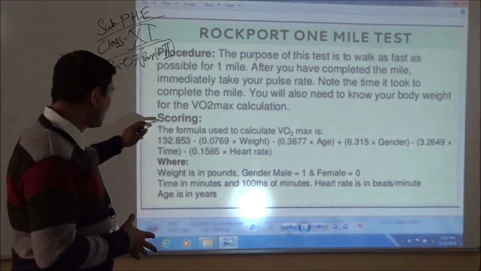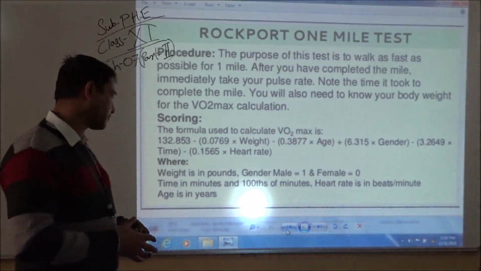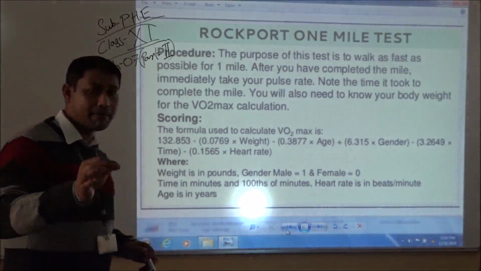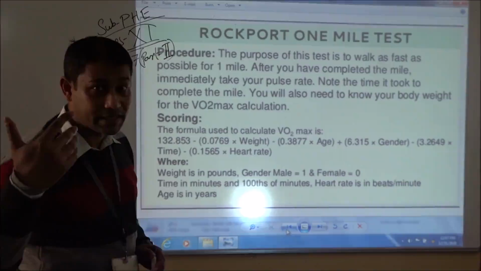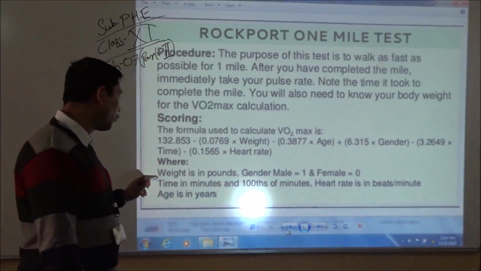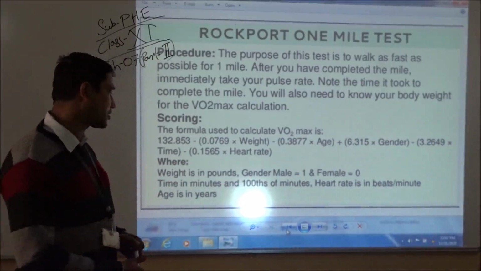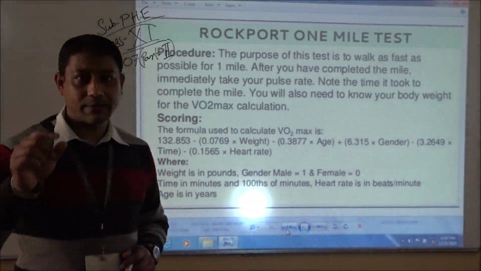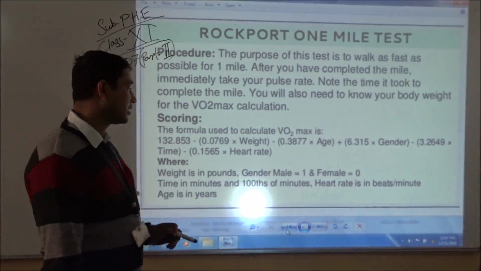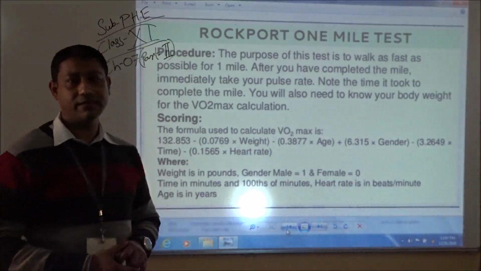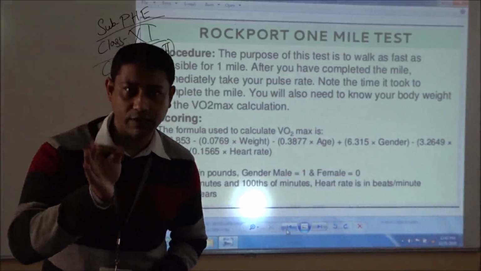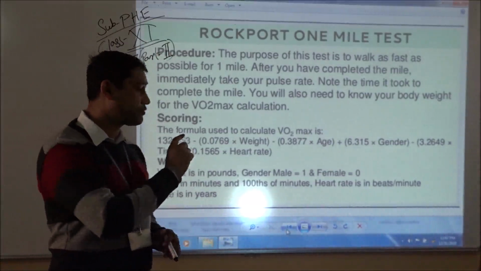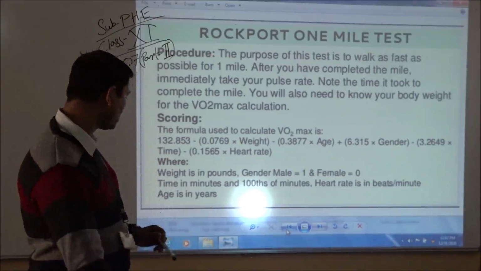So these are certain scores, and there are certain mandatory things which need to be measured, like weight, which needs to be measured in pounds, and gender. If the participant is male, then the weightage 1 will be given. If the participant is female or a girl, weightage will be given as 0.